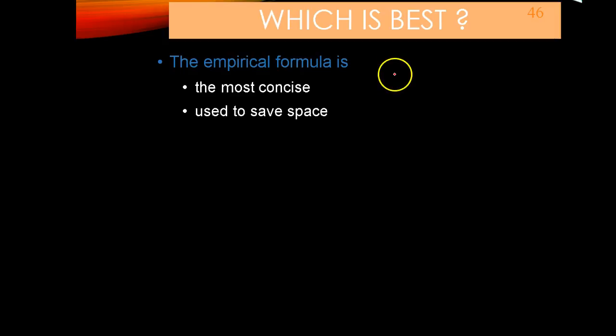It tells you the exact number of what element or atom is in a molecule, and it's used to save space. H2O tells us that we've got two hydrogens and one oxygen.